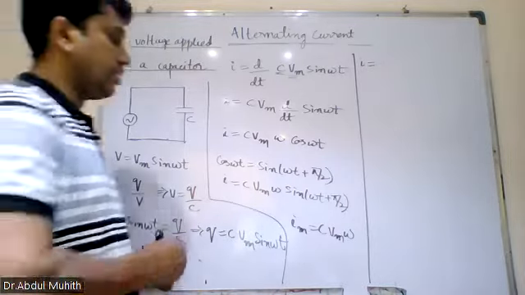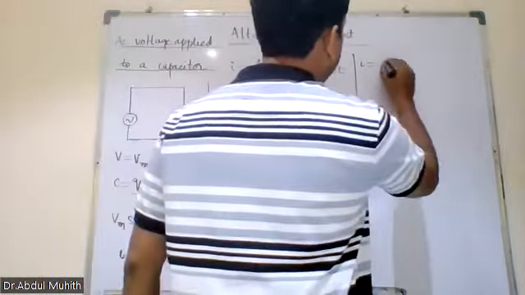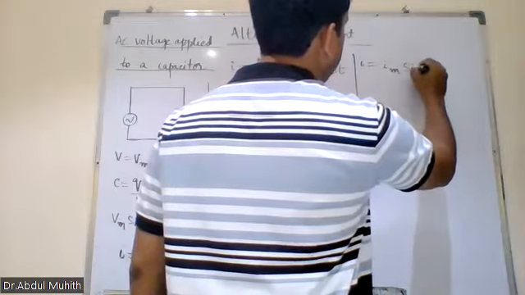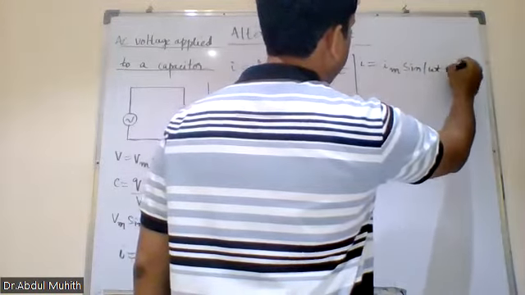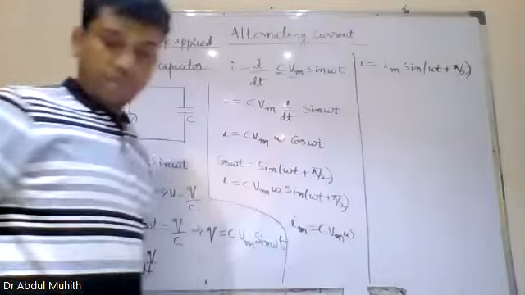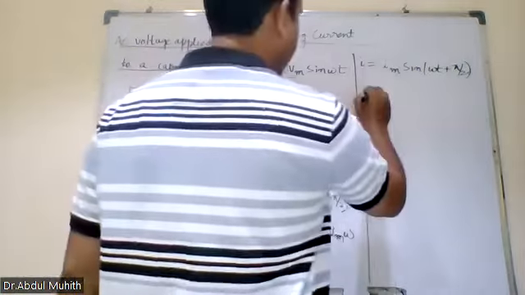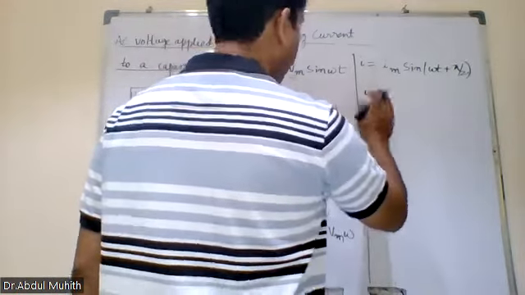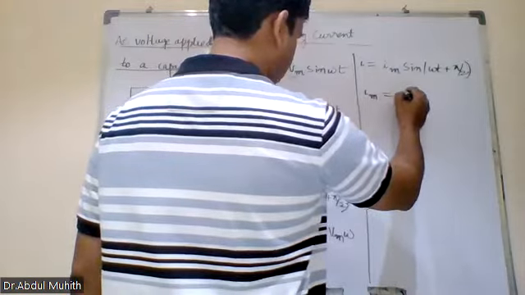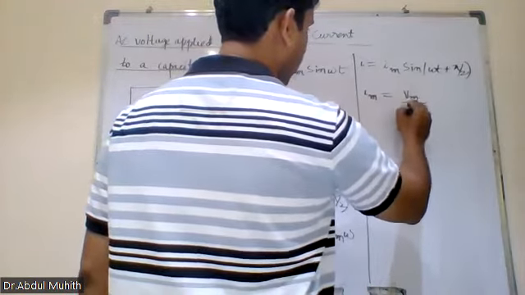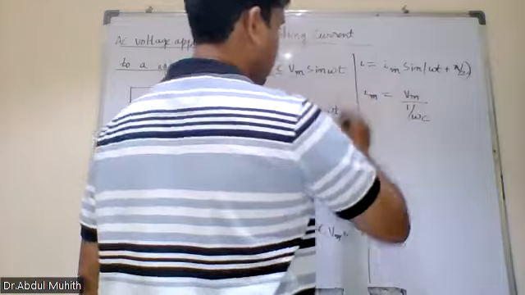So I can write I is equal to Im into sine(omega t plus pi by 2). Now I'm writing what Im is. I got Vm by 1 by omega C. Can I write it like this?